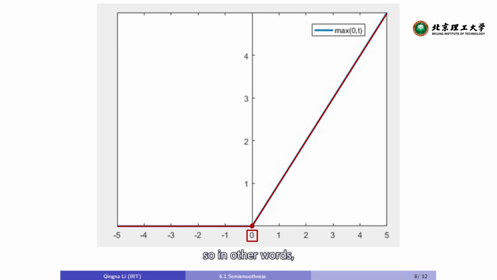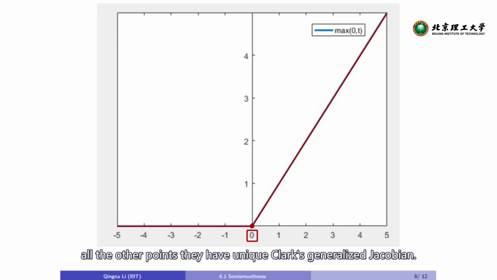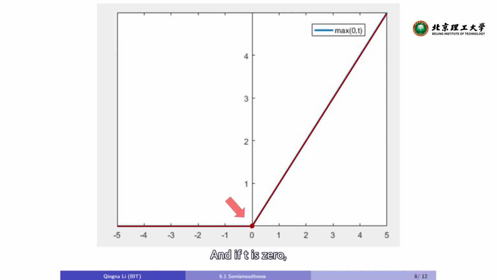So at every point except t equals 0, there is a unique Clarke's generalized Jacobian. And if t is 0, then we have to calculate the generalized Jacobian by first calculating the B-subdifferential, then taking the convex hull.